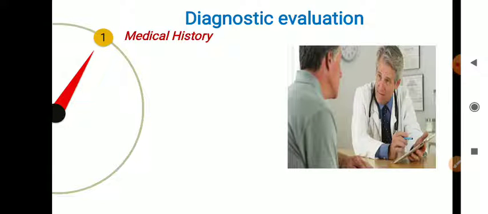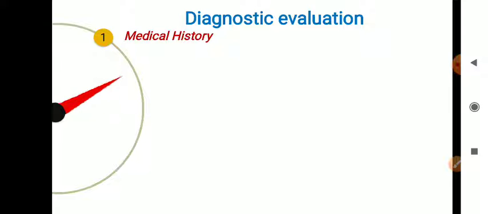So first diagnostic evaluation that we have to do is medical history. In medical history, the doctors ask the patient whether the person has had any previous symptoms of orchitis or any previous history of STIs, that is sexually transmitted disease, or not. Second one is physical examination.